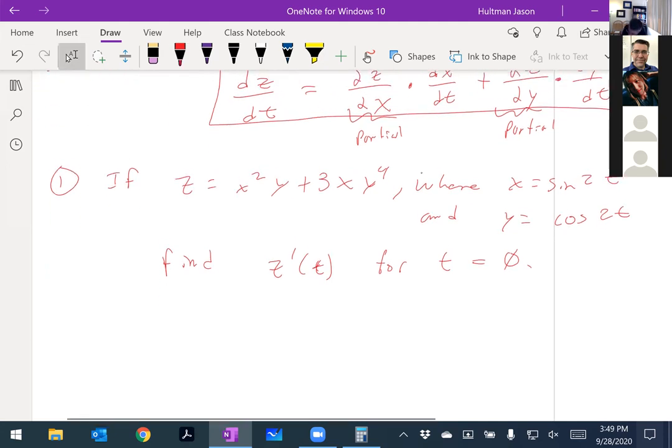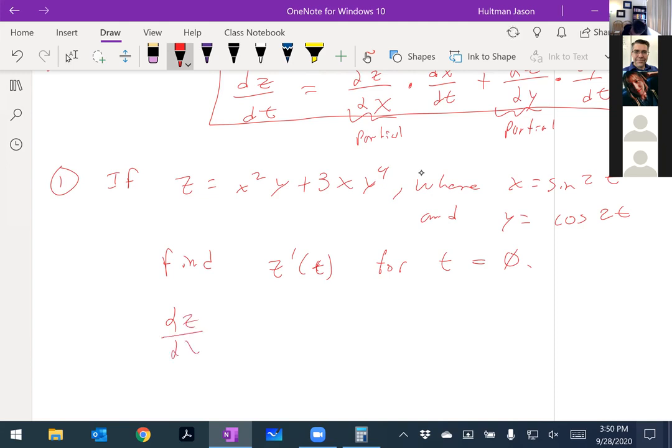Okay, so how are we going to do this? Well, let's find our partials first.